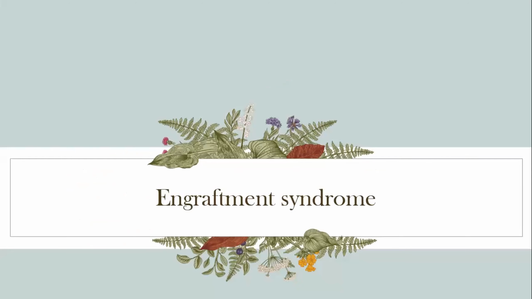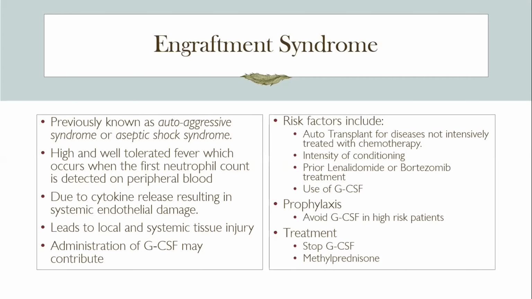Engraftment syndrome and peri-engraftment syndrome was previously called autoaggression syndrome or aseptic shock syndrome. It's basically the presence of a high and poorly tolerated fever, which occurs when the first neutrophil count is detected on peripheral blood. It's due to cytokine release resulting in systemic endothelial damage, and it leads to local and systemic tissue injury.